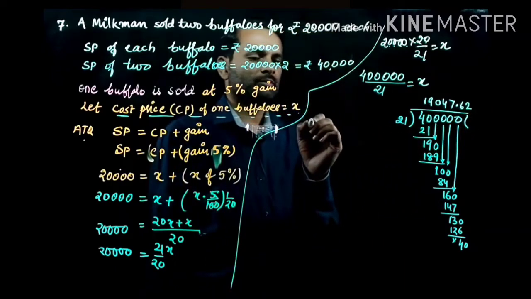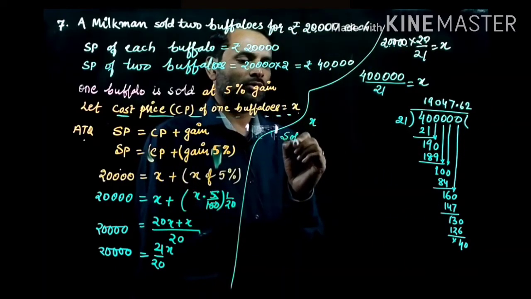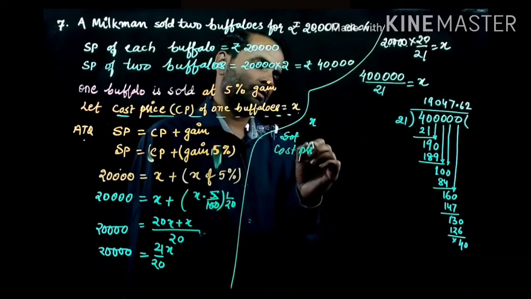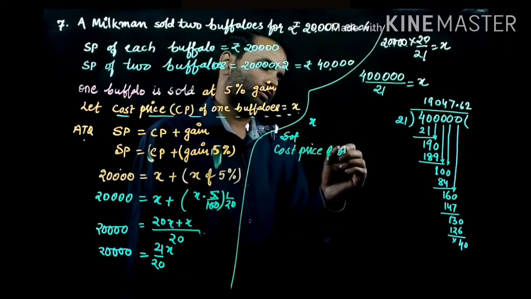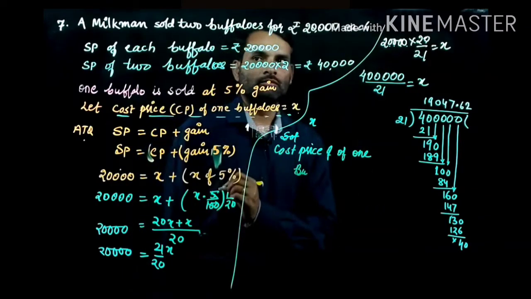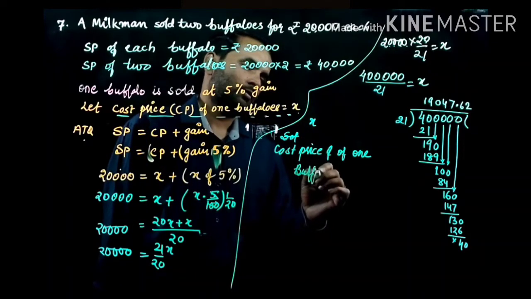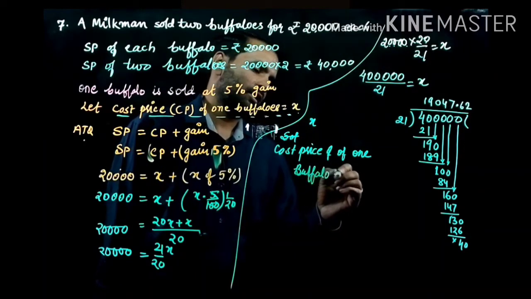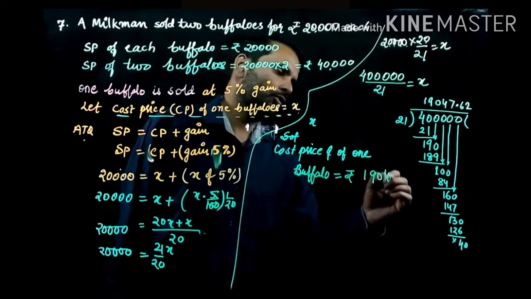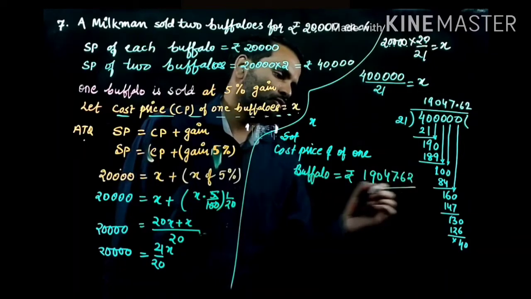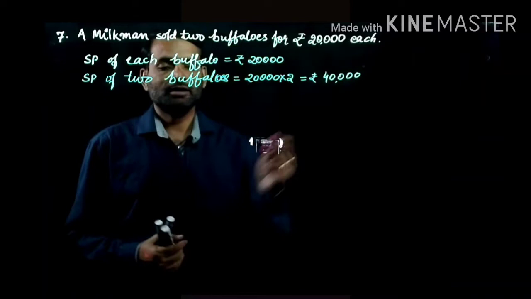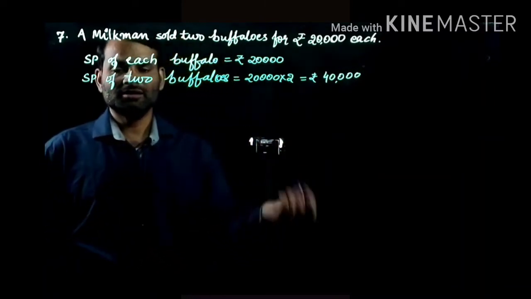It means that the cost price of one buffalo is 19,047.62. After finding the cost price of the first buffalo, with the 5% gain, you find the other buffalo.